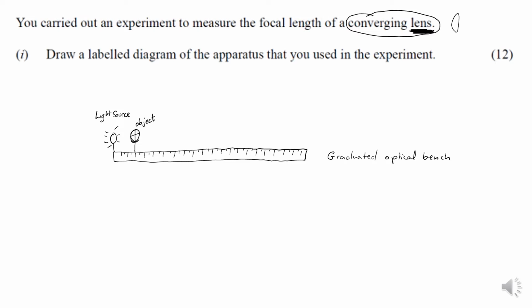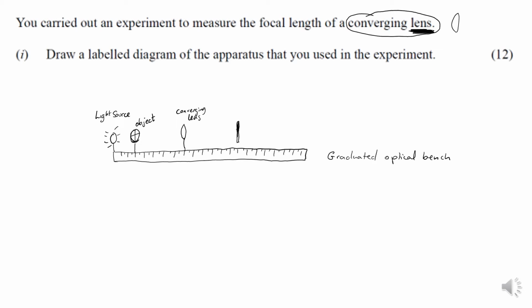On the next holder of your experiment, you had the lens itself, and it is a converging lens. And finally, in the last holder, you had a screen.